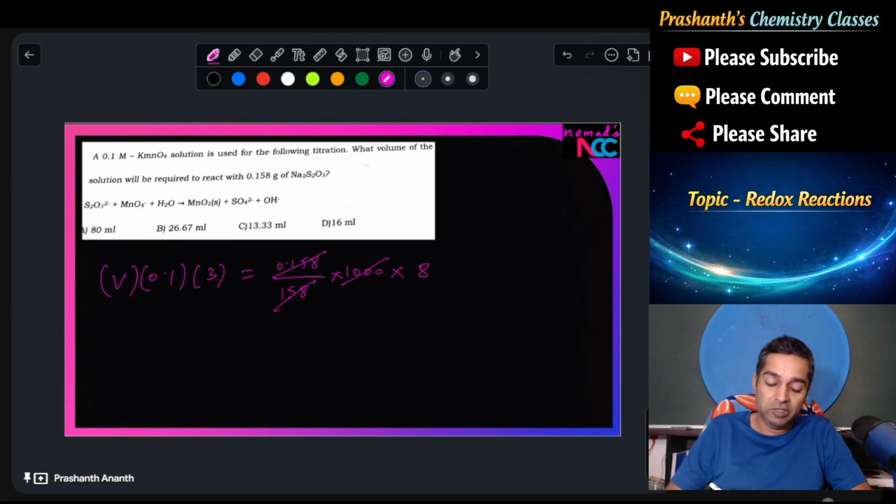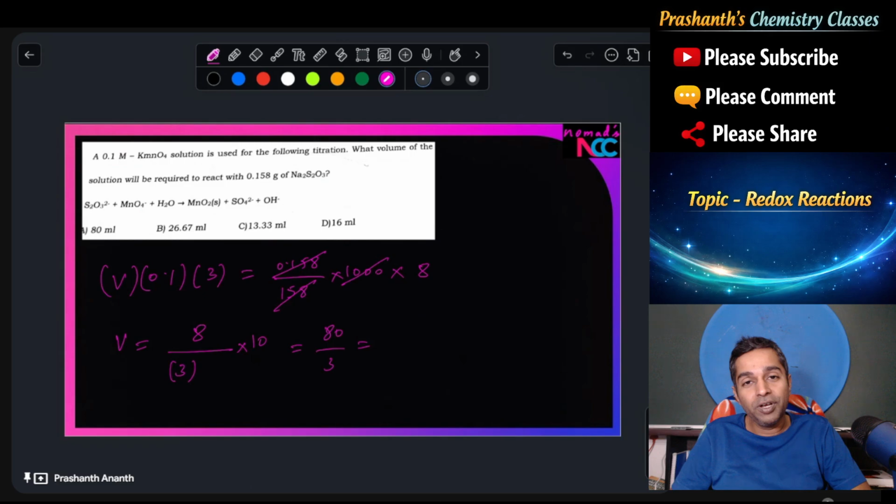We will be left with V is equal to 8 divided by 3 divided by 0.1, which means it is 8 into 10 by 3. So it works out as 80 by 3. 80 by 3 should be what here? Of course, it is going to be 26.67 mL. So the volume of 0.1 molar KMnO4 solution needed works out as 26.67 mL.